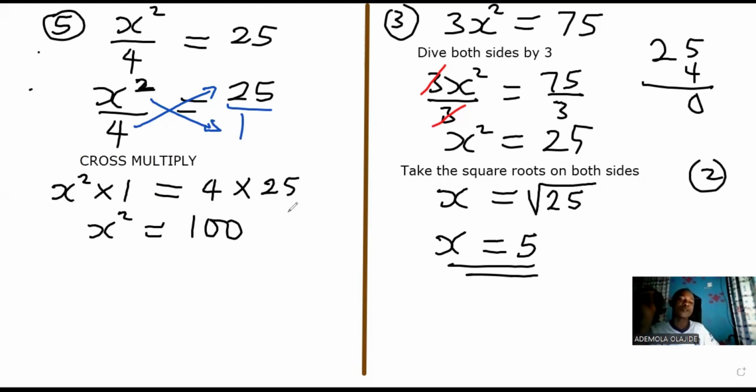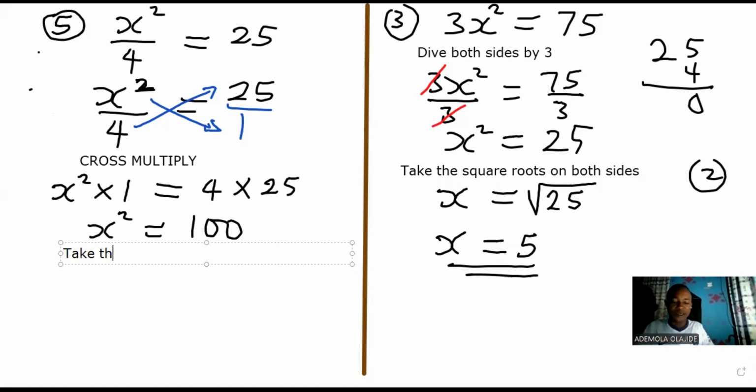The only thing that is challenging here is to remove this power, this square. The power is 2, square, right? How do we remove a square? We take the square roots on both sides.